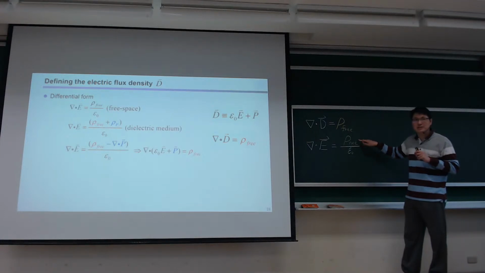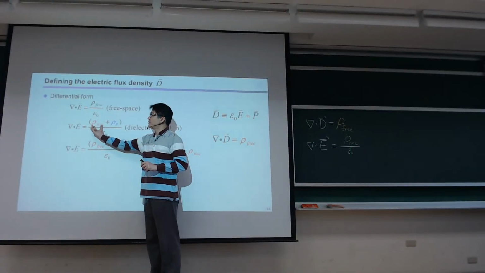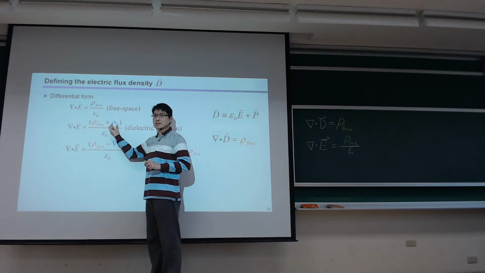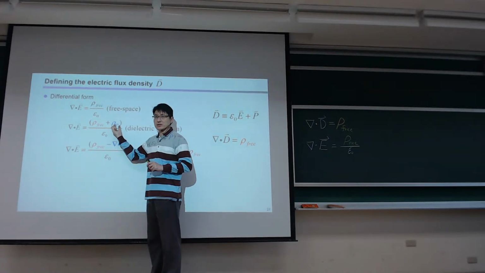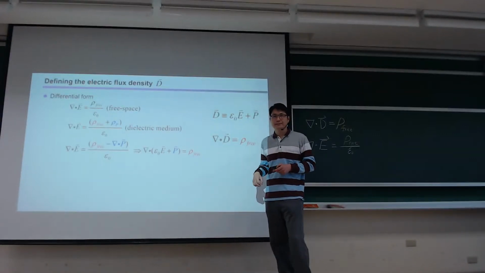This net charge is the sum of free charge density plus the polarization charge density. Right?